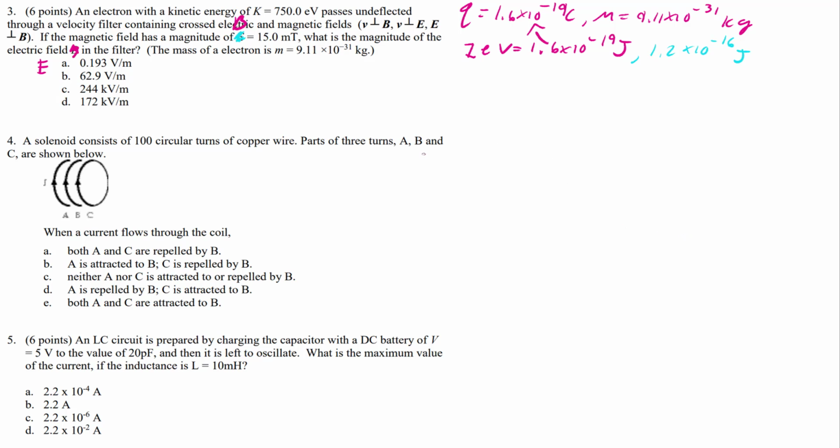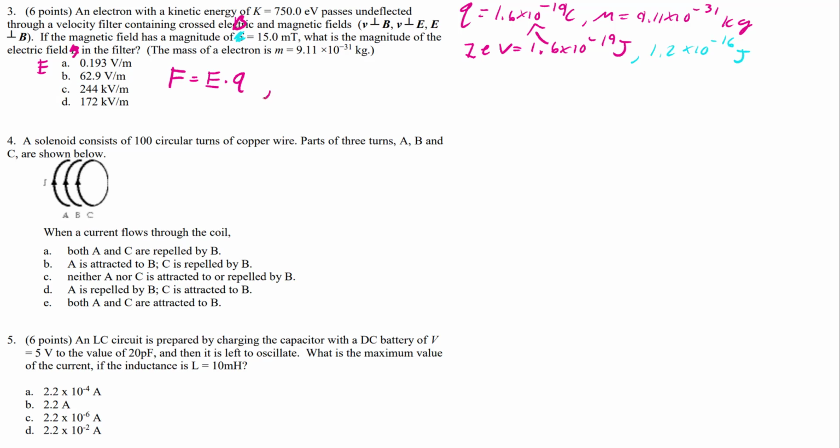Okay, well, first of all, if I want to find the magnitude, I'm going to have to do some extra steps. It says velocity, but I don't have my velocity over there. Why do I need velocity? Well, back in chapter 20, you learned that the force is equal to the E field times the charge.